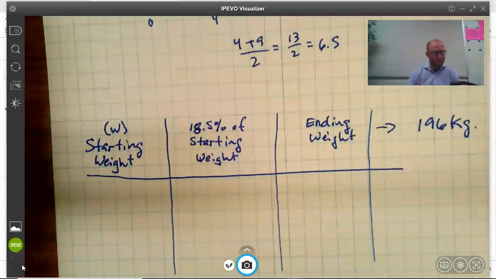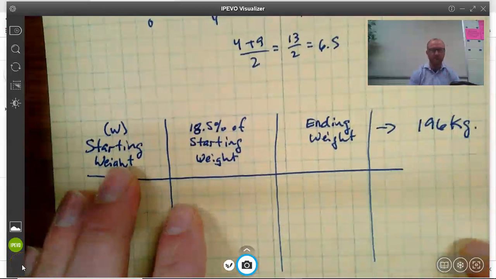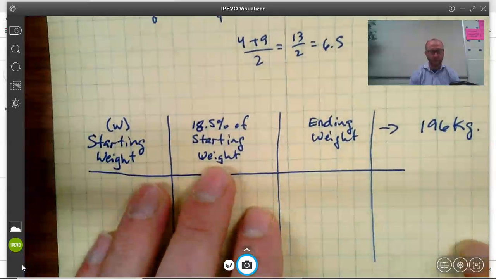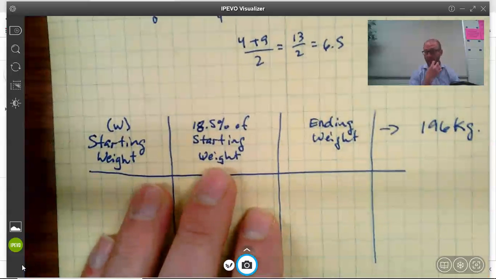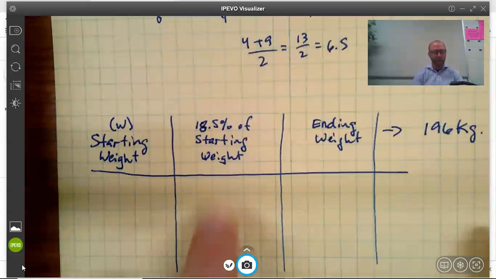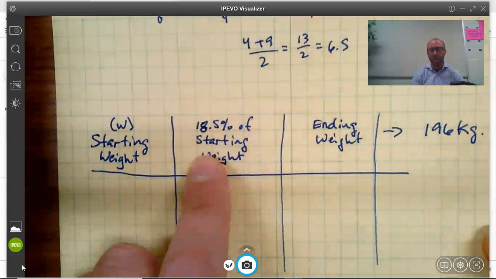Okay, in this problem we're dealing with some coffee beans that are being roasted. We start out with a certain weight of coffee beans, and after they're roasted they lose 18.5% of their weight. The roasting process presumably eliminates some water, which takes away some of the weight.